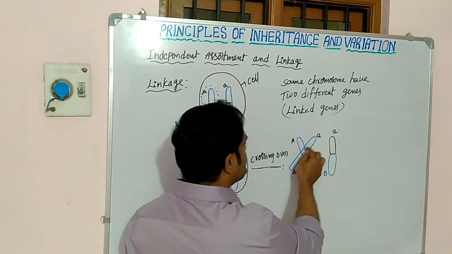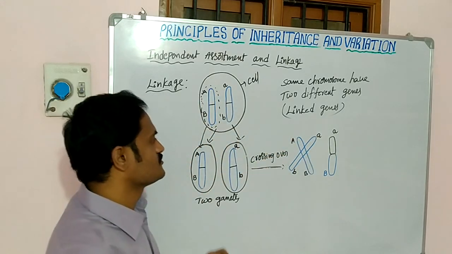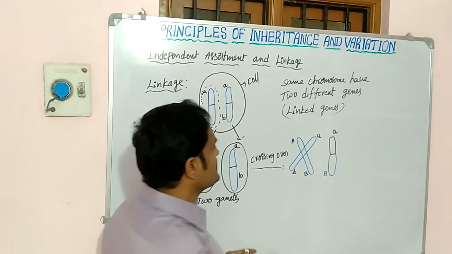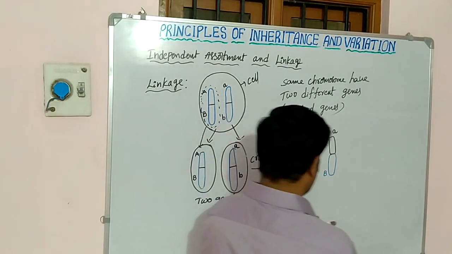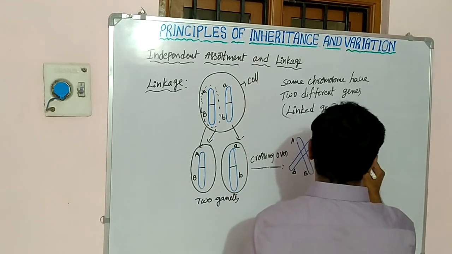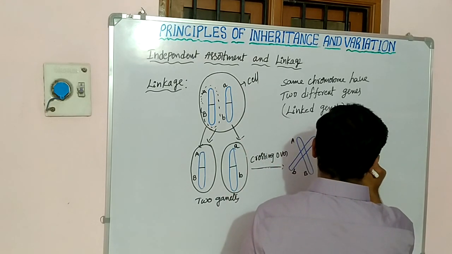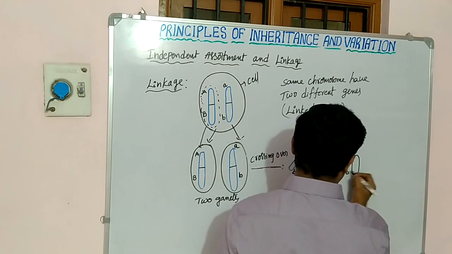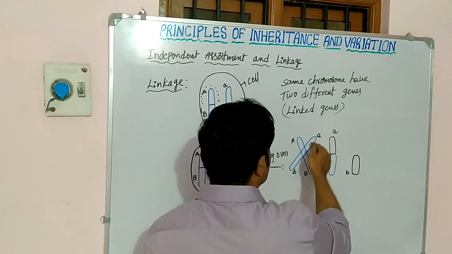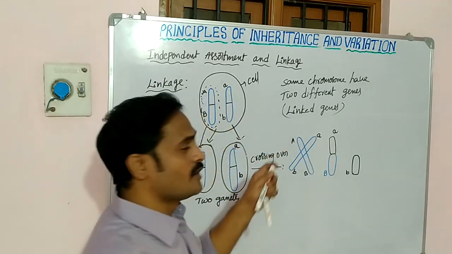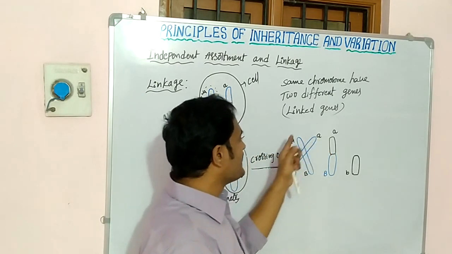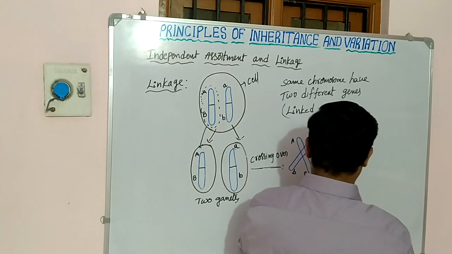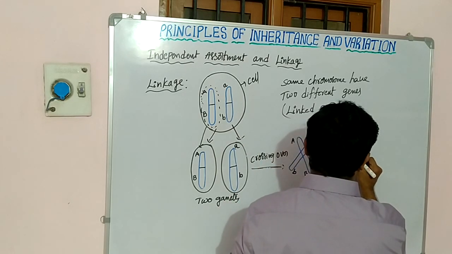Then I will take the second chromosome. What genes are present on the second chromosome? Small a and small b. Here also it is the same. Suppose this is small b. Above the small b, instead of small a, it receives the capital A gene here.